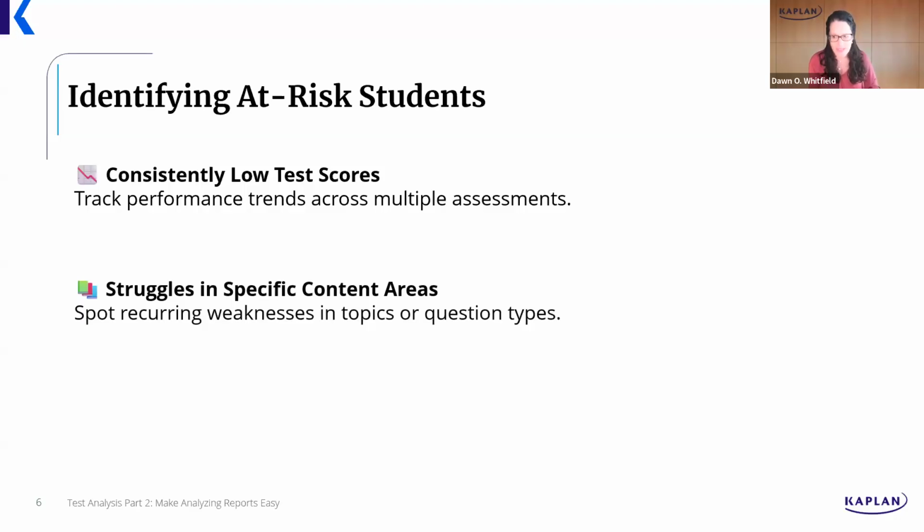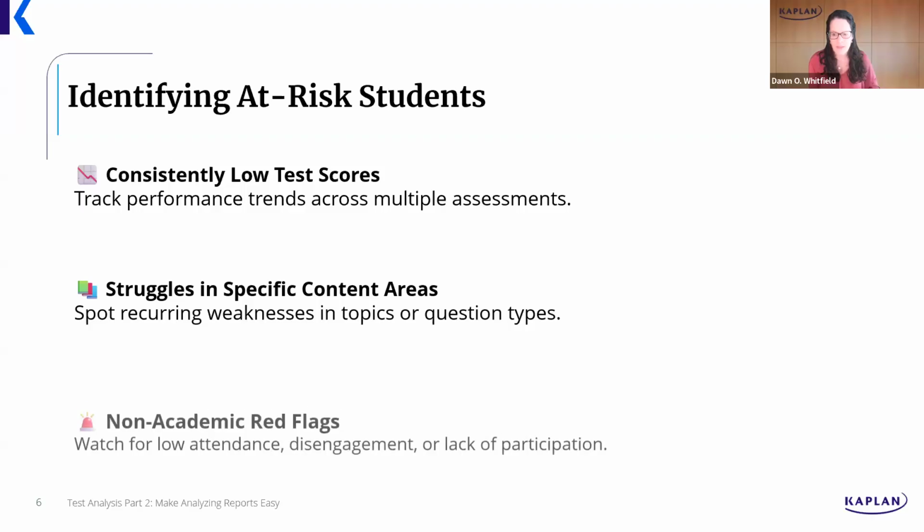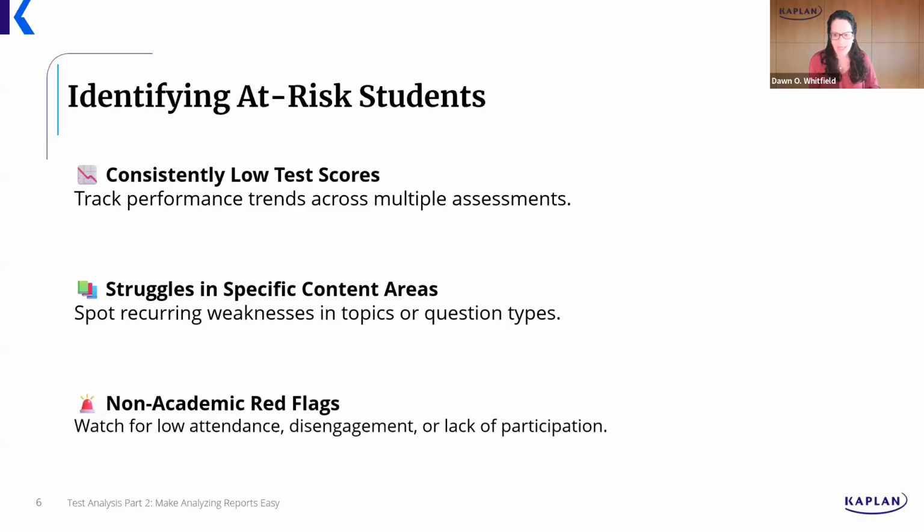A student may be doing reasonably well overall, but consistently misses questions in a particular subject matter, like pharmacology or fundamentals. This suggests a learning gap that needs targeted remediation. Non-academic red flags. Academic struggles often show up alongside behavioral signals: missing class, lack of participation, or even signs of burnout. These are just a few of the important things to track and address to offer those support plans.